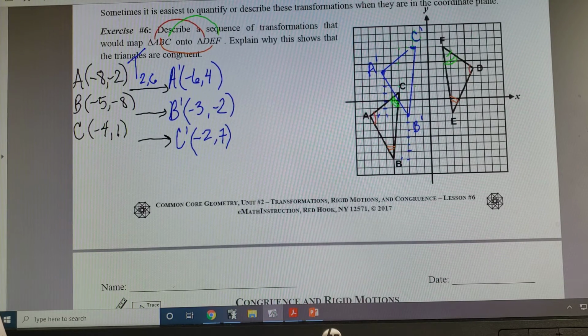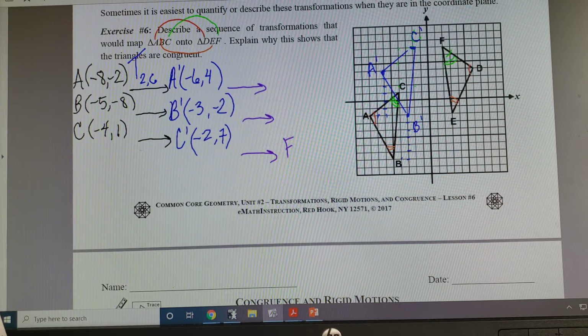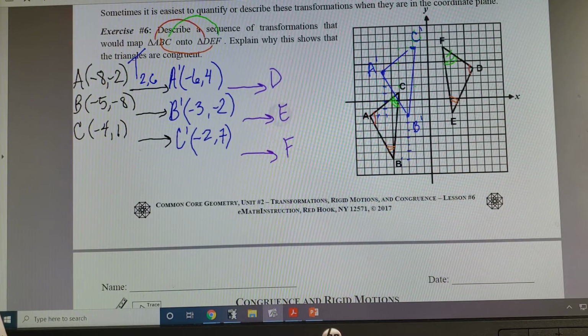Alright, then we just have to figure out that last transformation so that C prime will fall on top of F, A prime will fall on top of D, and B prime will fall on top of E.